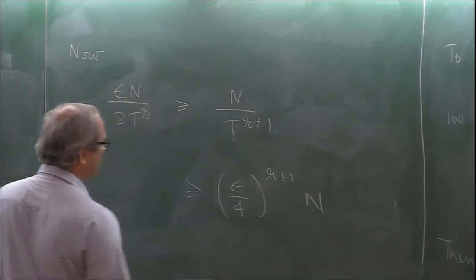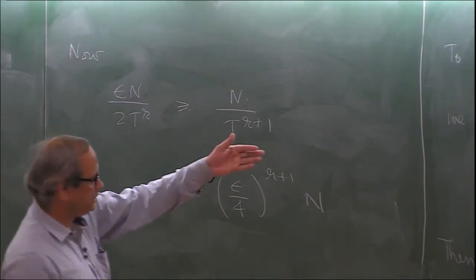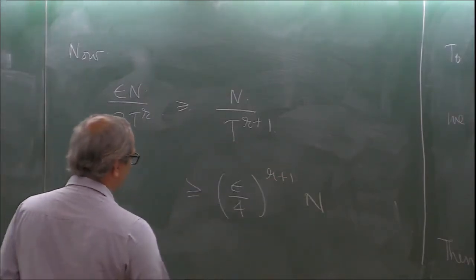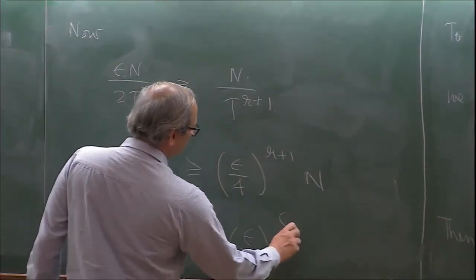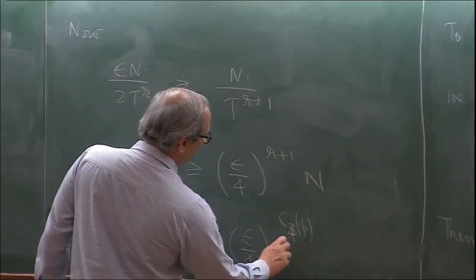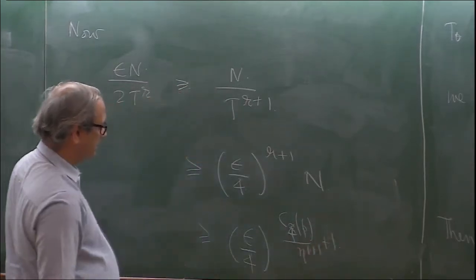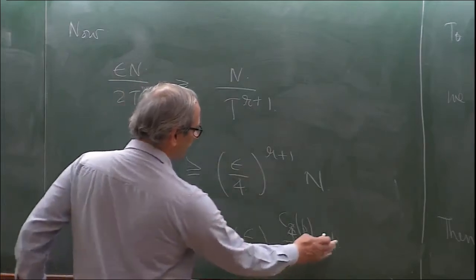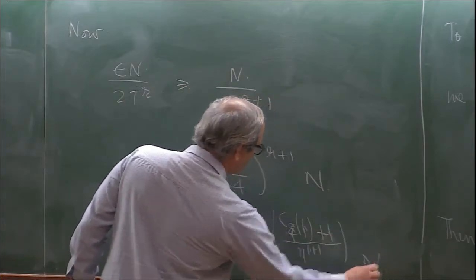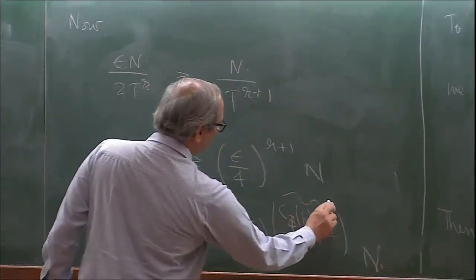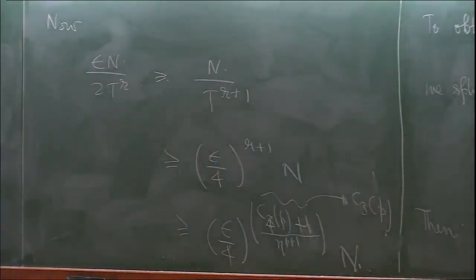Since r plus 1 is bounded above by this C3 whatever by eta to the power p plus 1, this will be bounded below by epsilon by 4 to the C3 p or C4 p by eta to the power p plus 1 plus 1, and you can take the plus 1 inside because eta is less than 1, so you can write this as C4 plus 1 here and then n here. And this C4 p plus 1 you can write as C3 p, and that would yield the result as we wrote down.